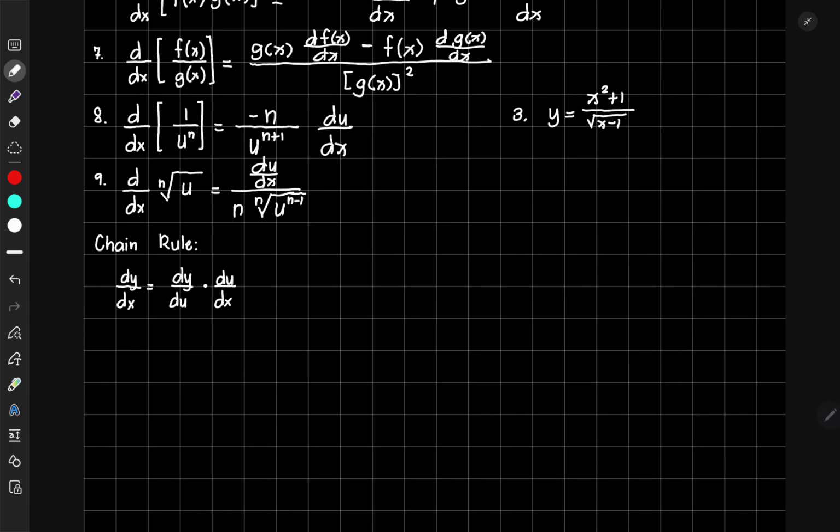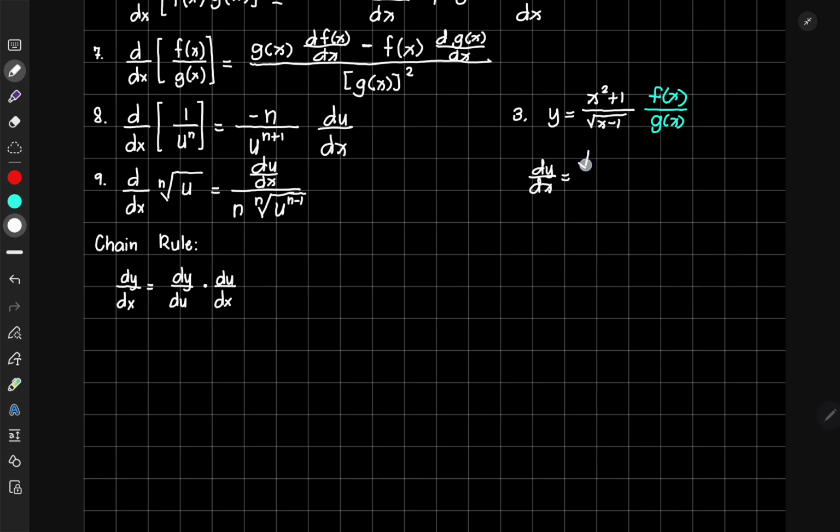And for that, so ito, so yung numerator natin, this is f of x. Yung denominator natin, that is g of x natin. So, getting the derivative, so this is dy over dx. So, getting the derivative with respect to x. So, dito we have to copy yung g of x natin or yung denominator.